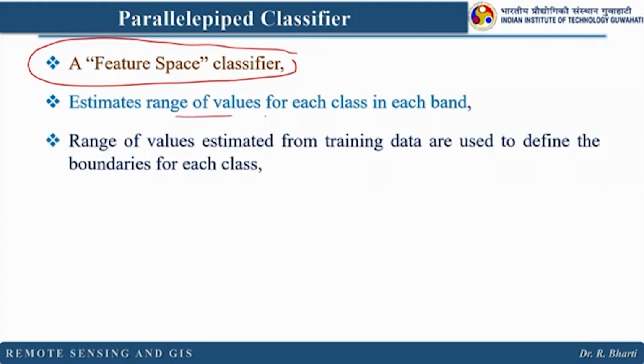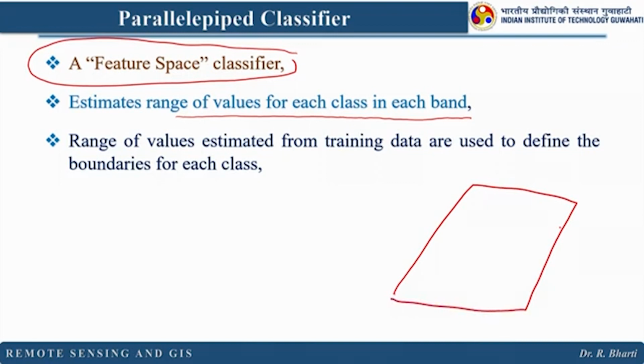So range of values for each class in each band means, suppose this is the image, and you have collected the ground control points, and you know the latitude, longitude, and you know that these 2 pixels are forest. So once you mark your training data, you say these 2 pixels are forest, then what will happen?